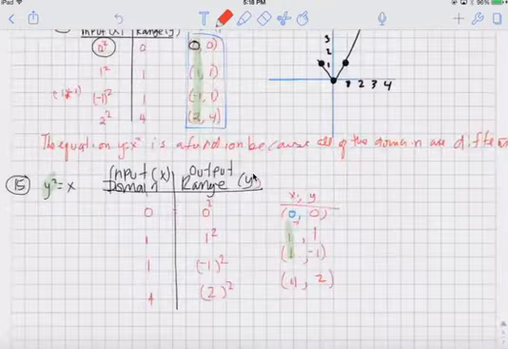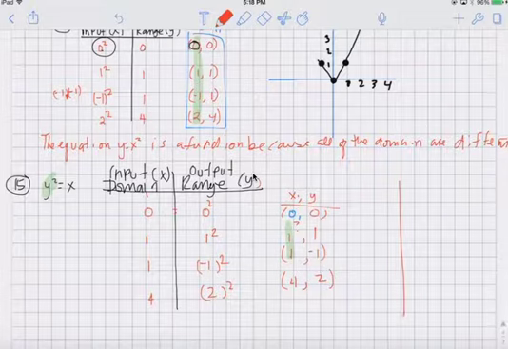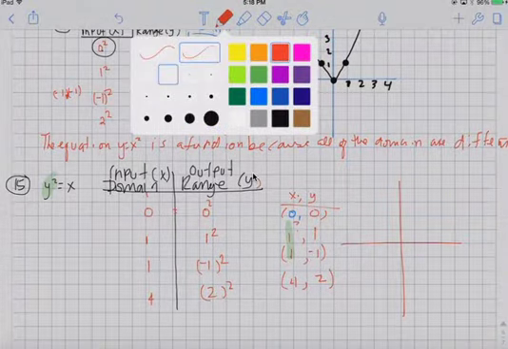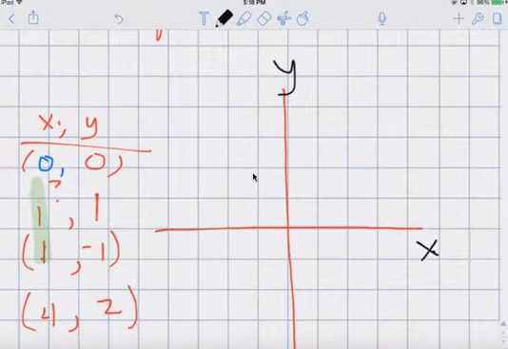Okay, you graph that to see what it looks like. This is your x, this is your y, domain, range. X is 0, and y is 0. So 0, 0 is the origin. X is 1, y is 1.